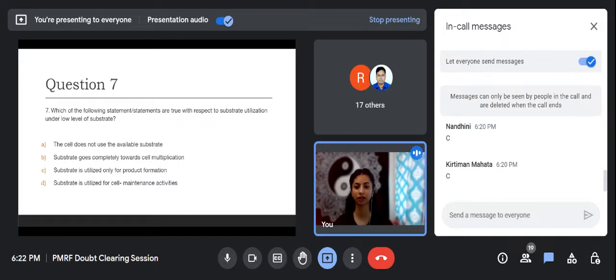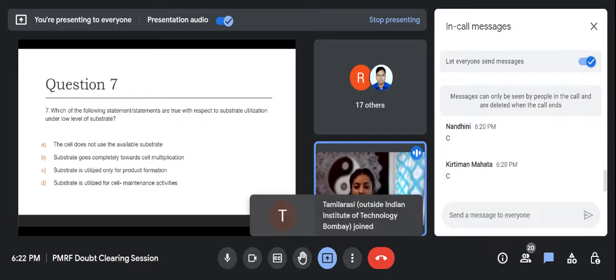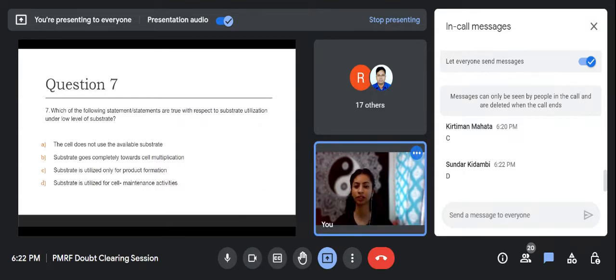So in case the cells don't have enough substrate to survive, like if you require 10 moles of glucose for your reaction, but you've only given 5, and that is not enough for the cells, the amount of cells that are there in the bioreactor, what do you think will happen? The cell does not use the available substrate. The substrate goes completely towards cell multiplication. The substrate is utilized only for product formation, or the substrate is utilized for cell maintenance activity.